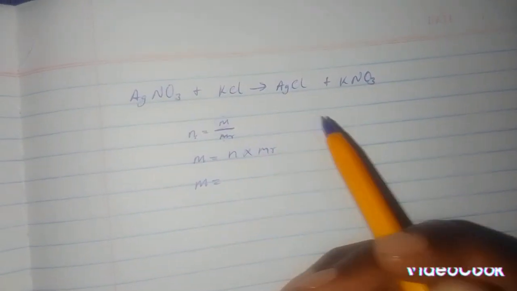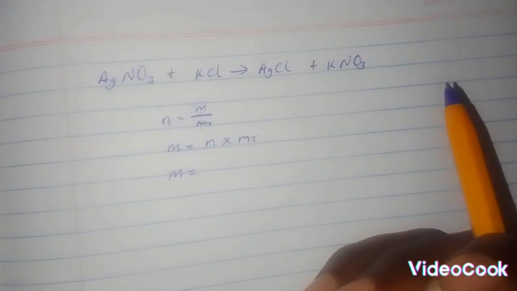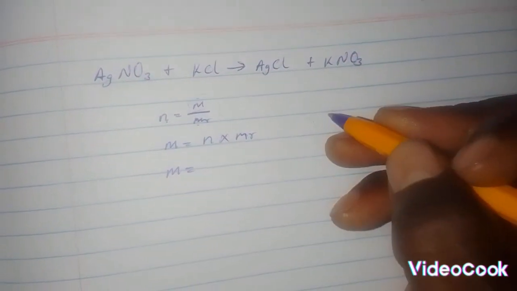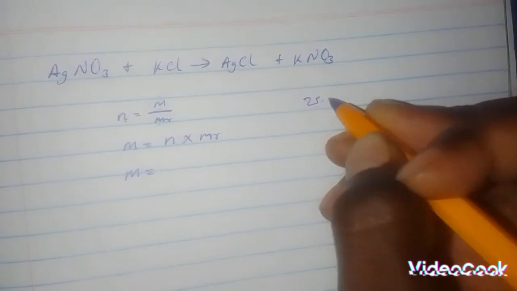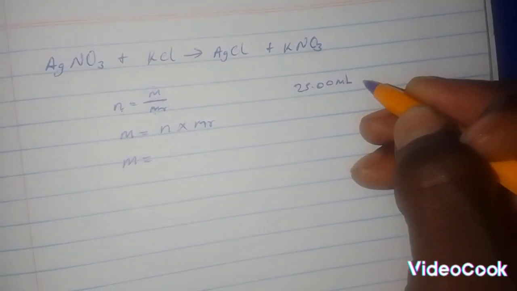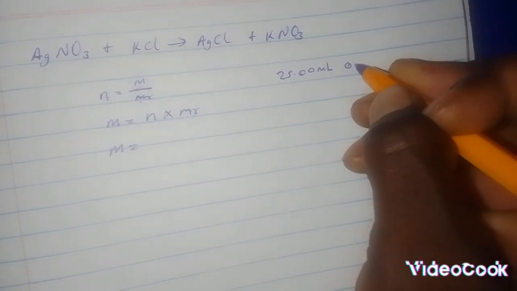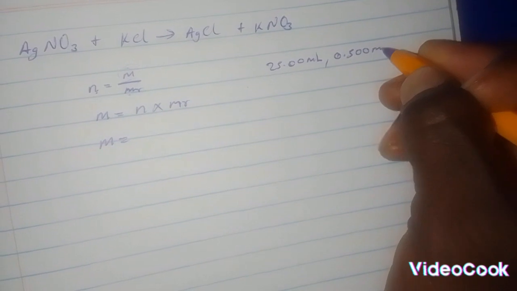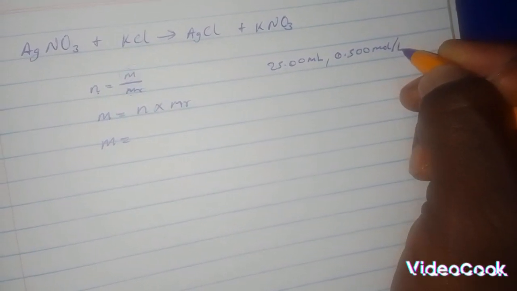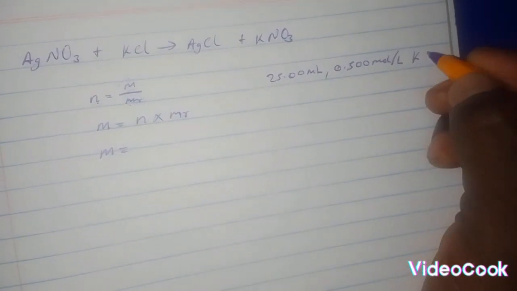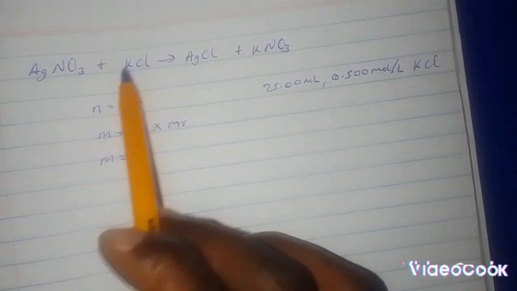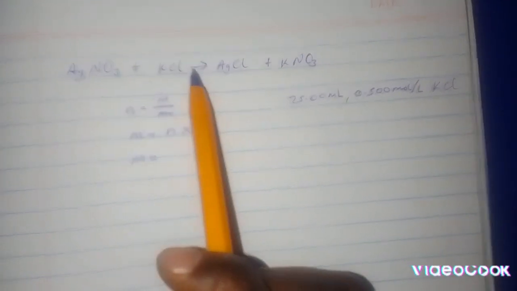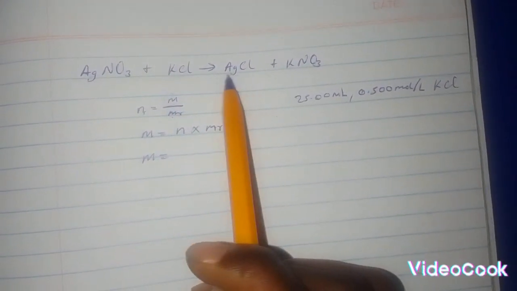Okay, now coming to the reading instructions, they are saying silver nitrate solution is added to 25.00 milliliters of 0.500 molarity, which means mole per liter, of potassium chloride, which means we are given something for this substance here. Now let us look at the mole ratio between potassium chloride and silver chloride.